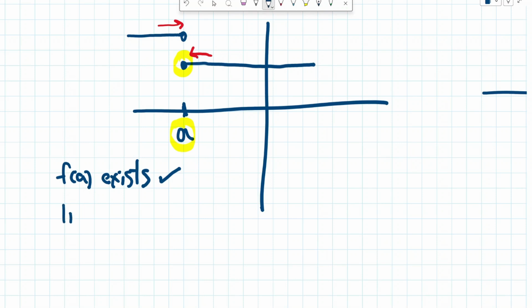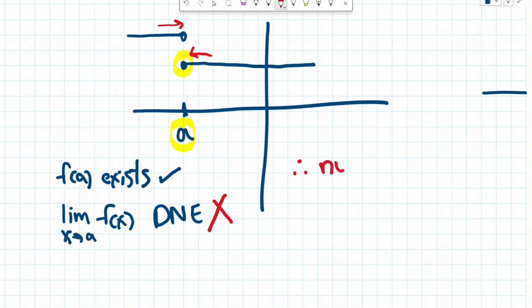So that means the limit as x approaches a of f of x does not exist. So right away, we fail on the second criteria, so therefore it is not continuous. I'll be using CTS as my abbreviation for continuous.